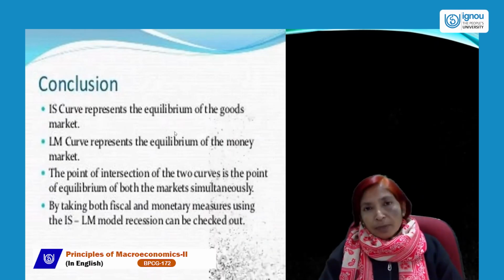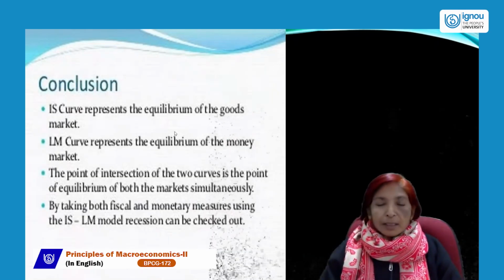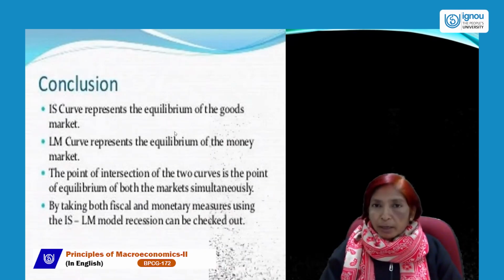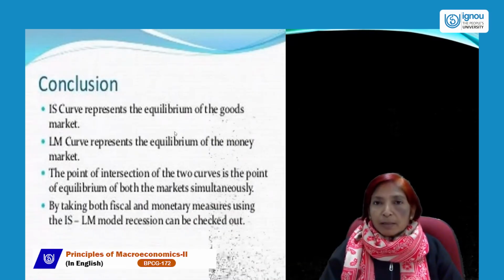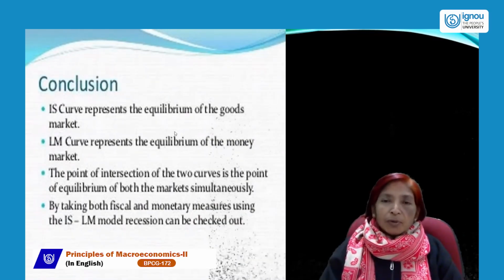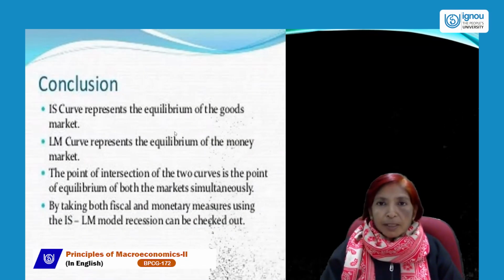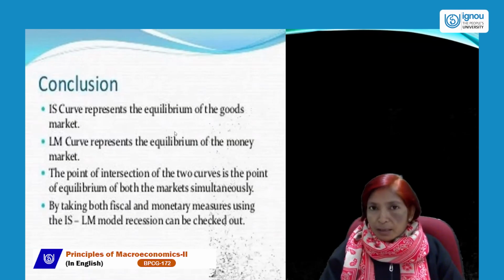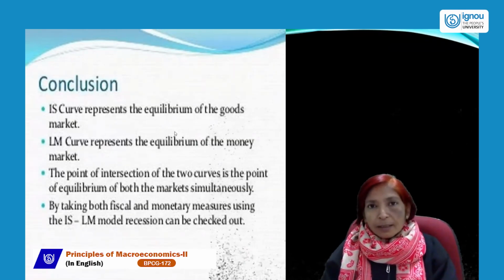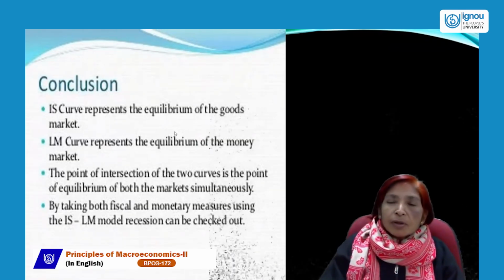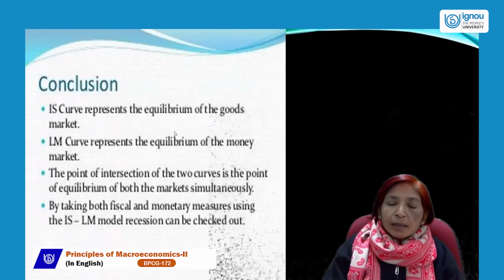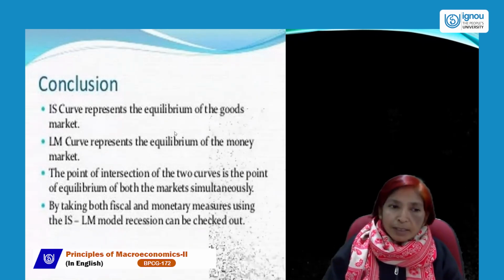The LM curve can be shifted either to the right hand side or left hand side due to a change in monetary policy, which is made by the Reserve Bank of India. If RBI follows an expansionary monetary policy, money supply increases and LM shifts to the right hand side. If RBI follows a contractionary monetary policy, then LM will shift to the left hand side.